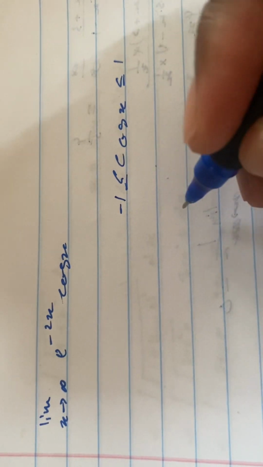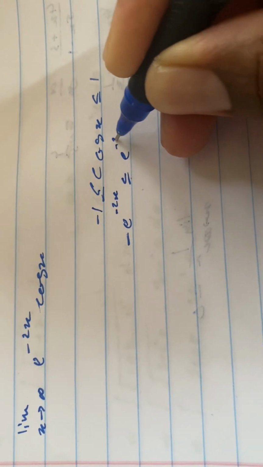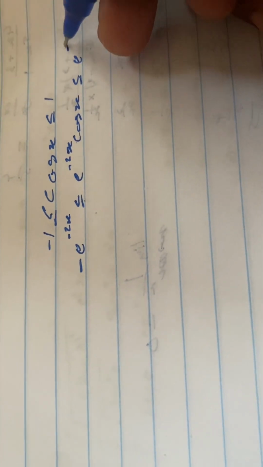So they multiplied it with e to the power of -2x. So if you multiply e to the power of -2x on this function, you have -e to the power of -2x less than e to the power of -2x cos of x less than e to the power of -2x. So you have something like that.